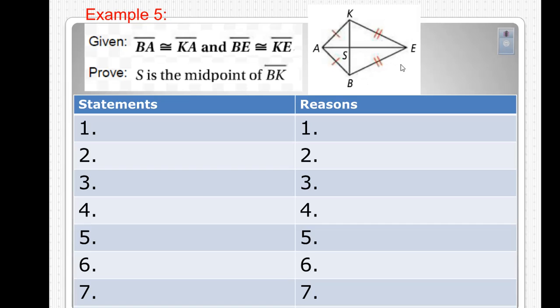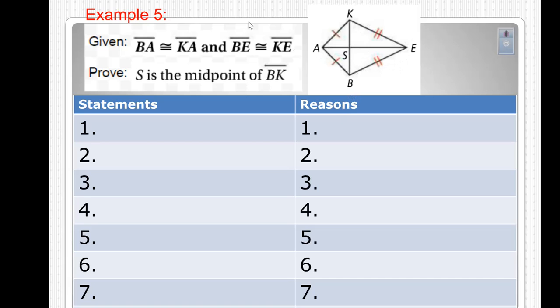So in order to prove that S is the midpoint, we first have to show that it's a part of two congruent triangles. And for the information we've been given, we haven't proved enough yet to prove that either these two triangles or these two triangles are congruent. But right now, all we can prove is that the triangles in the bottom half and the top half are congruent.